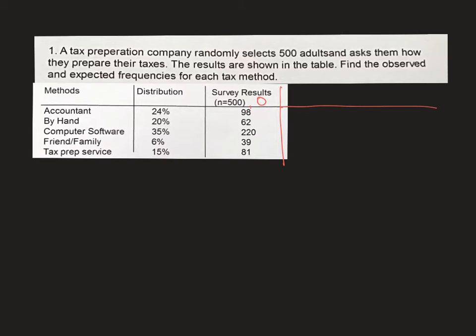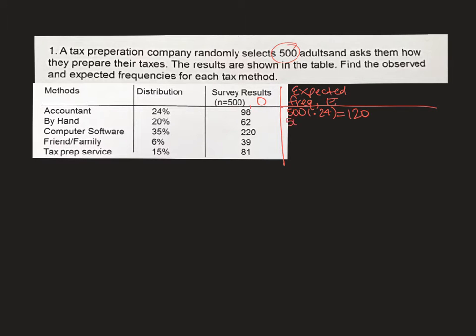When we find our expected frequencies, or E, we have to do a little bit more because we have to find how many should we have based on the sample size and the distribution. So we're just multiplying. Okay, so we had 500 adults selected. So we're going to multiply each probability or distribution by 500. So for the accountants, 500 times 0.24, 24% as a decimal, is going to give us 120.